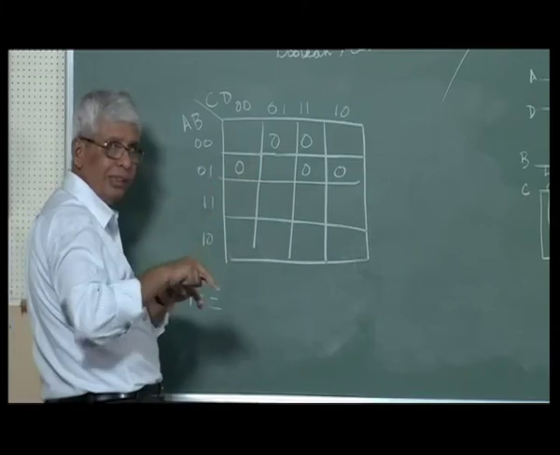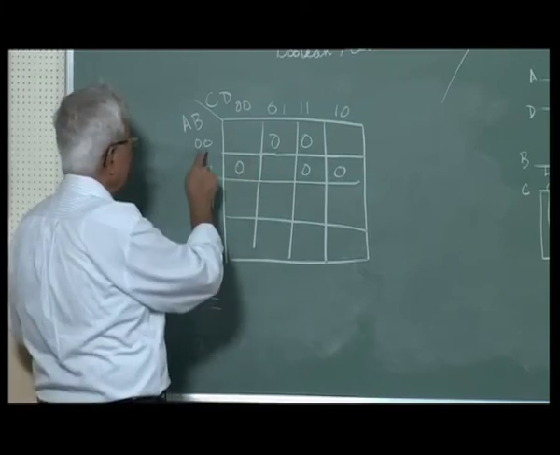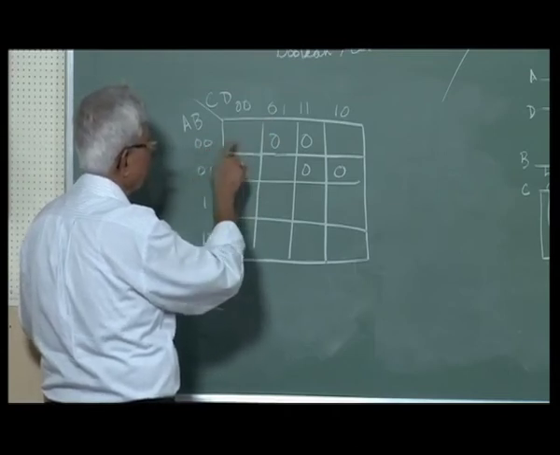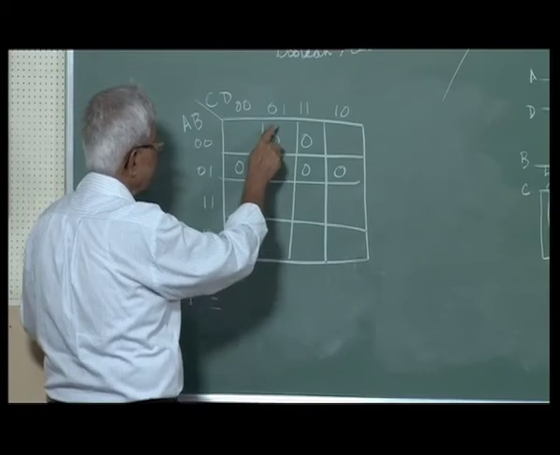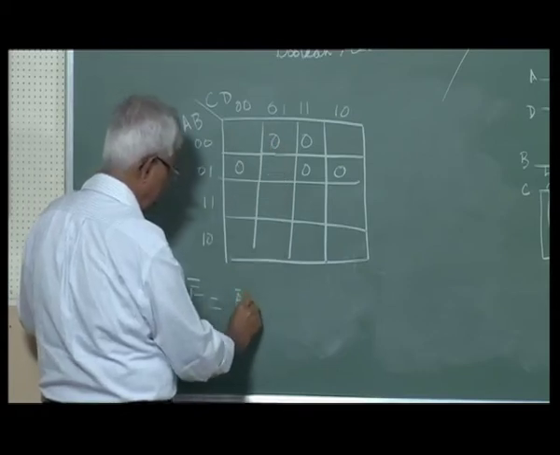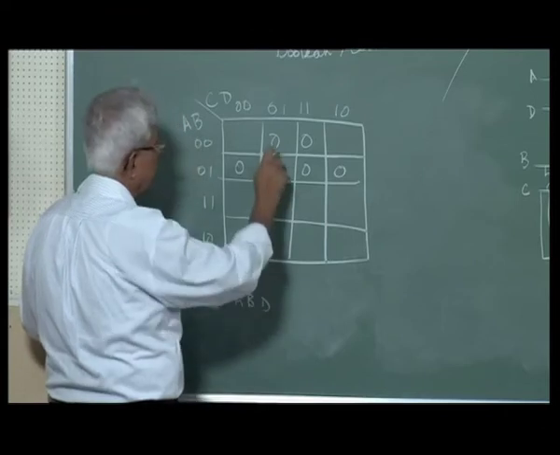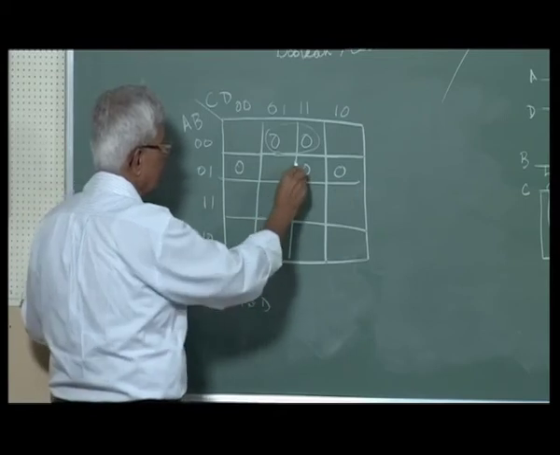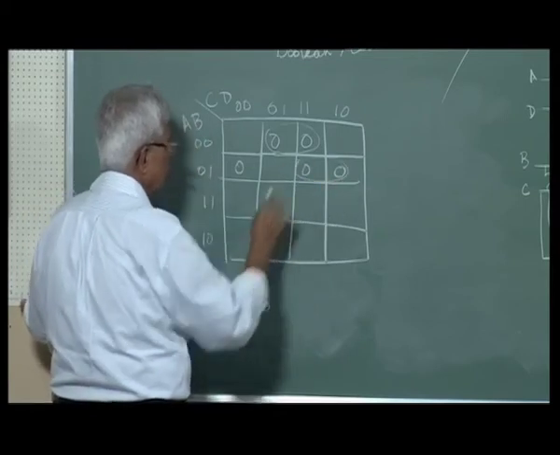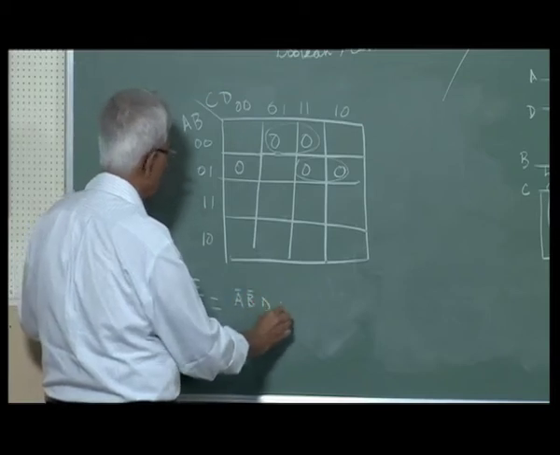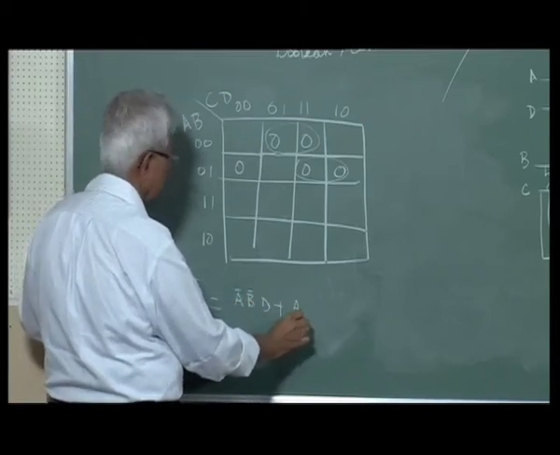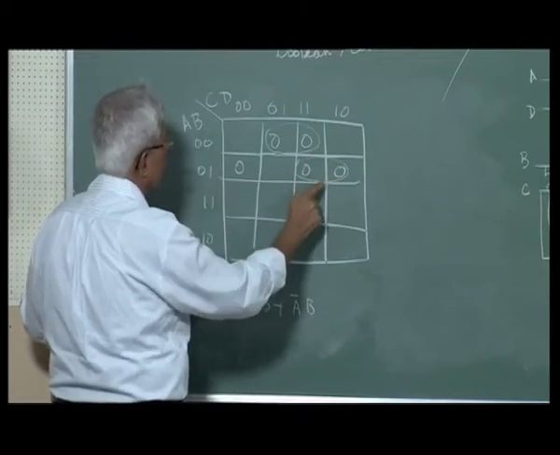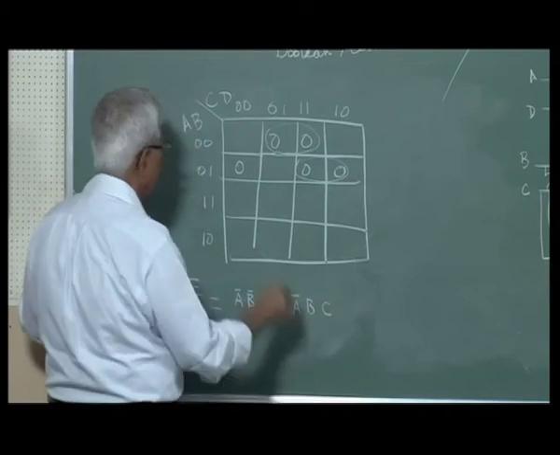the other day I showed you all this, De Morgan's and all that. F bar would be A bar, B bar, D. That is this. Then it should be A bar, B, C. And this is a separate one.